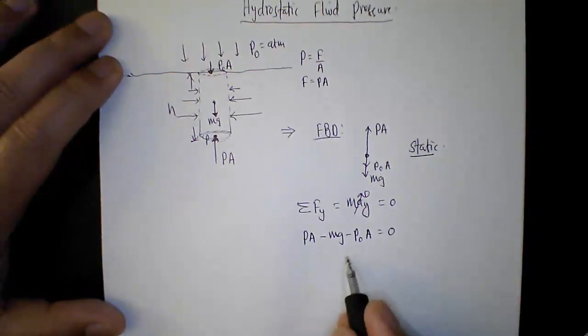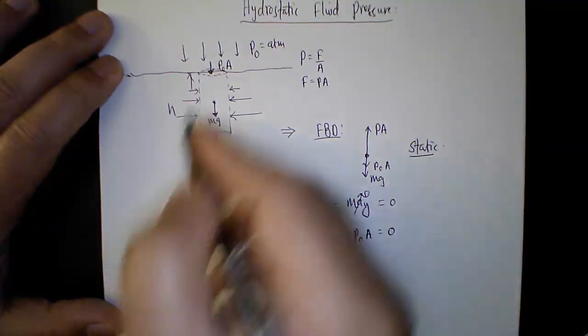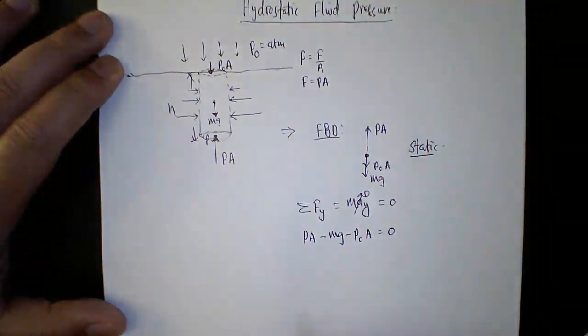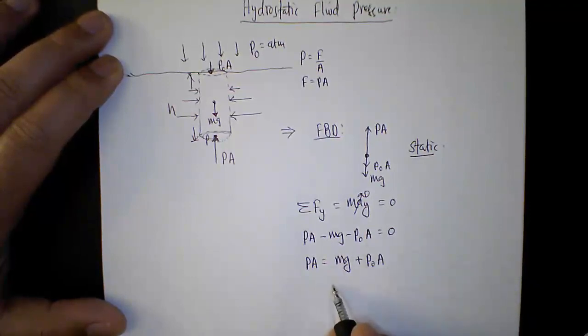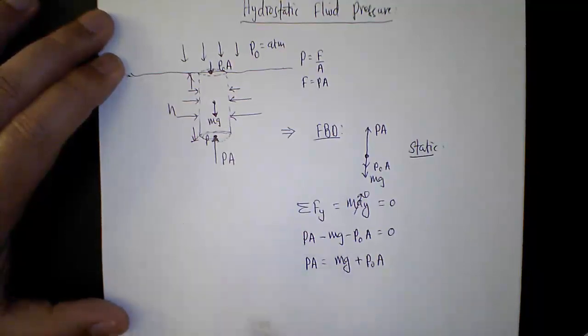And so then we will just simplify this equation to find the total hydrostatic pressure at the given depth h. Just rearranging that, mass times gravity becomes positive, plus P0A also becomes positive on the other side. Now we need to convert this mass into the given variable.